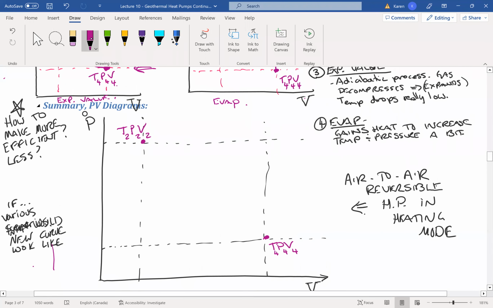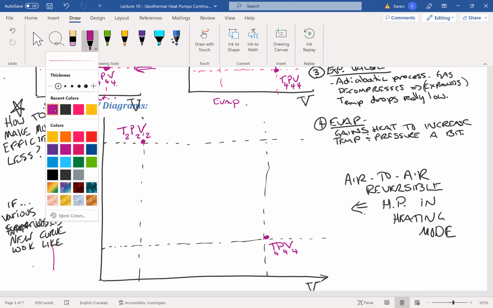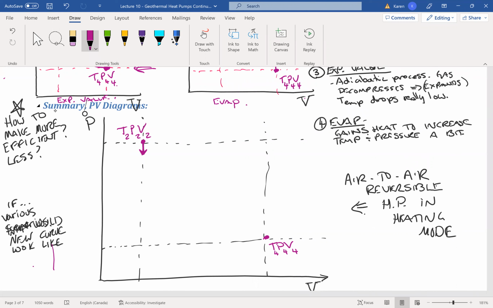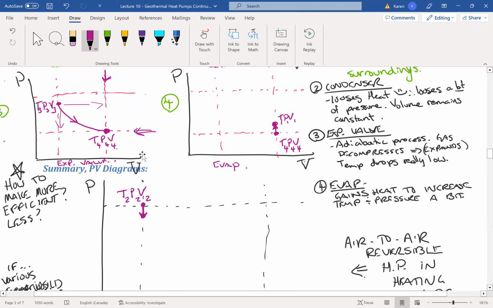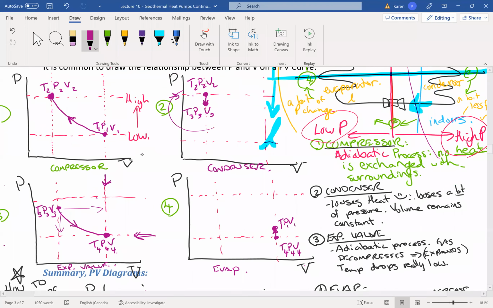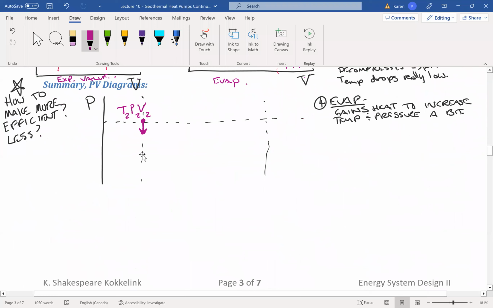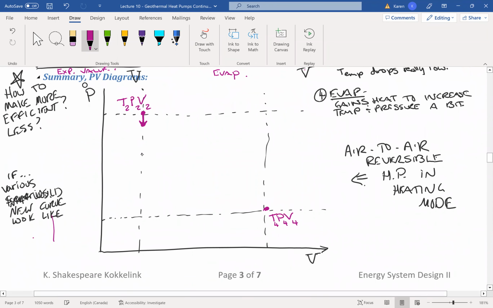Pressure changed a little bit because you gave a little bit of relief to that pressure there, and that's right here through your condenser. That's T3.